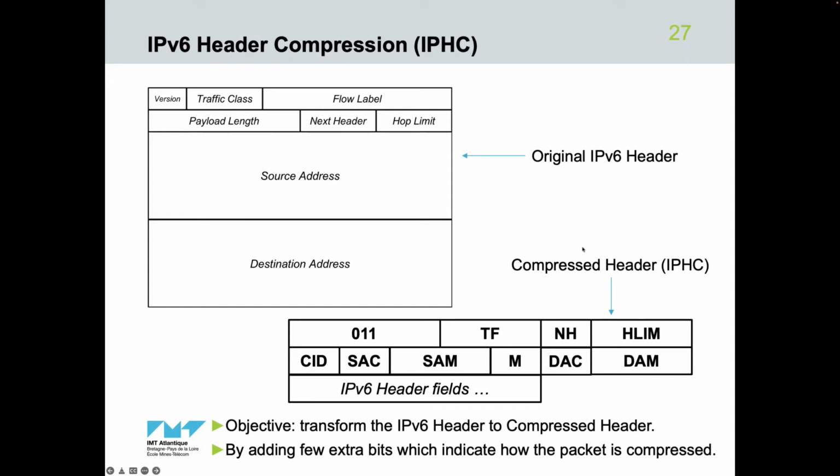The objective of this procedure is that the receiver of the compressed packet, by adding these fields of the compressed header, can at the end decompress and obtain the original IPv6 packet.